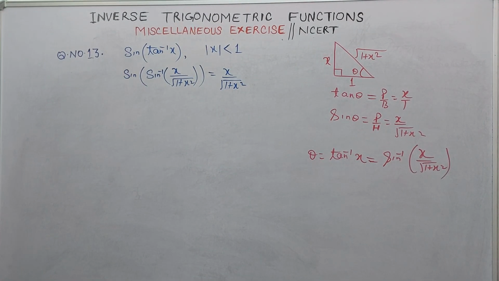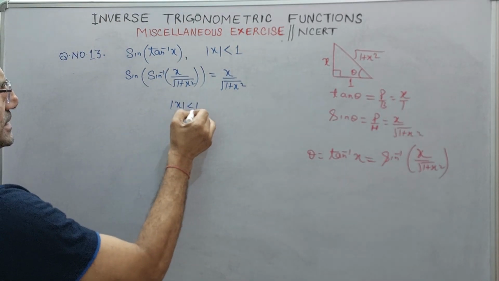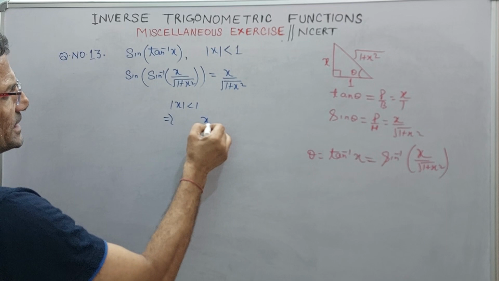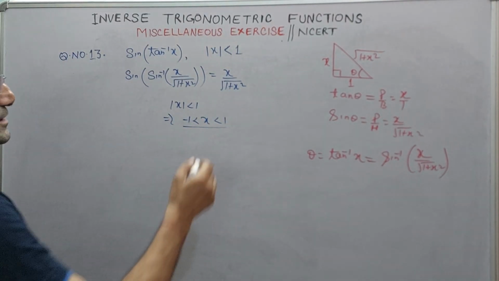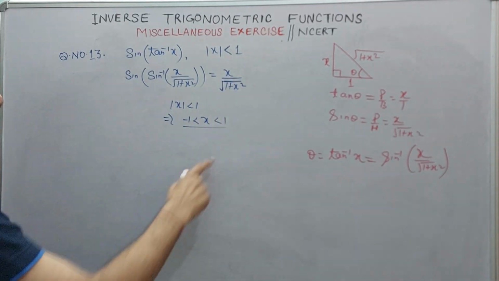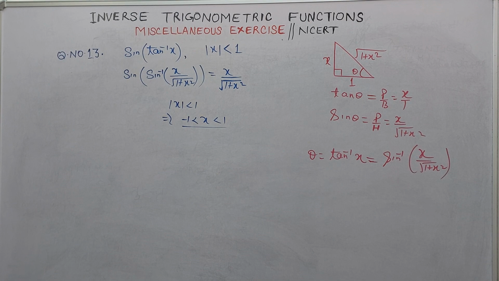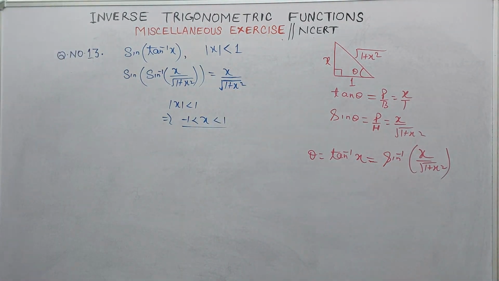So here the condition mod of x less than 1 means x lies between 1 and minus 1. So obviously it will satisfy it. The denominator cannot be 0 for these values which lie between minus 1 and 1. So our answer becomes this expression.